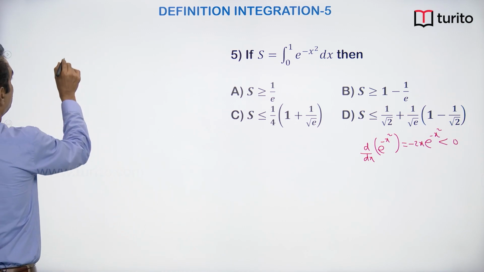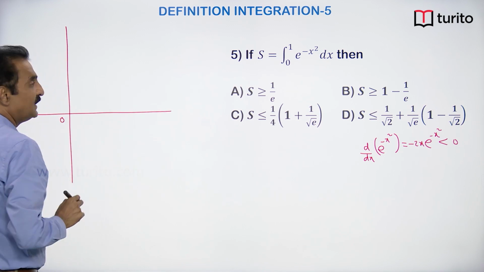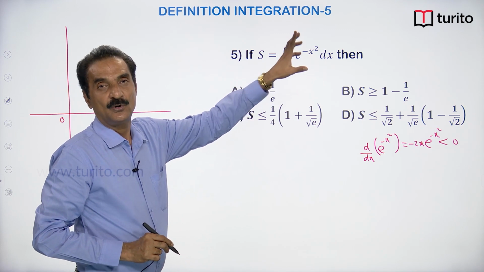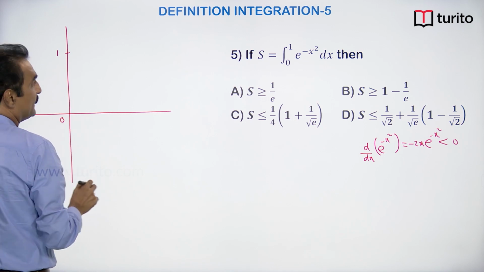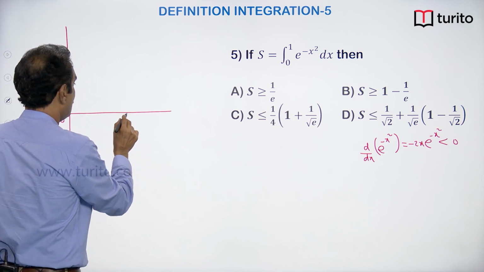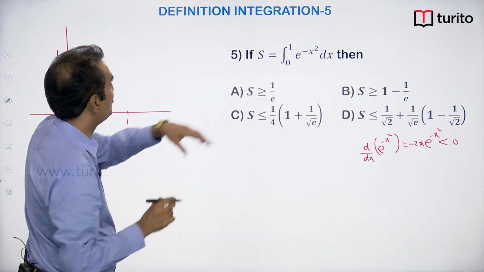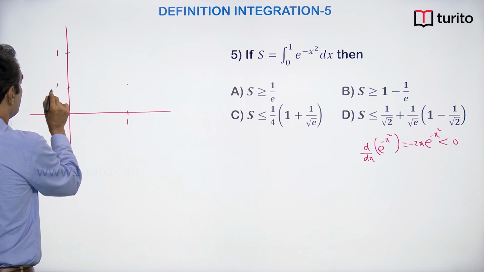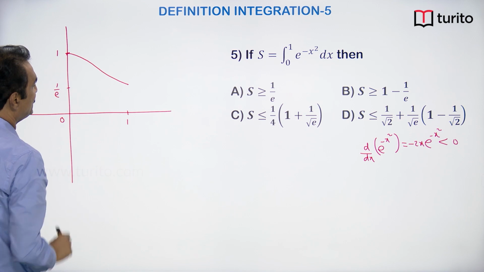Let us draw the graph. At 0, what is the value of the function? E power minus 0 is 1. At 1, what is the value of the function? E power minus 1 means 1 by e. So I will draw some decreasing function like this.